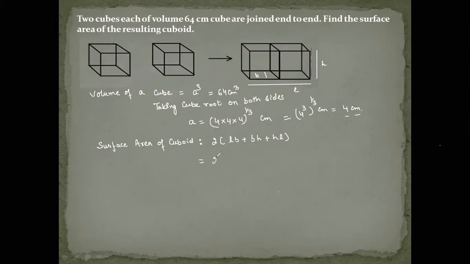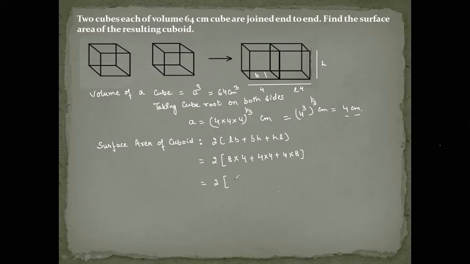As we know, the length we have found is 8, breadth is 4, and height is 4. So 8 into 4, then 4 into 4, then 4 into 8. So we can solve this one.